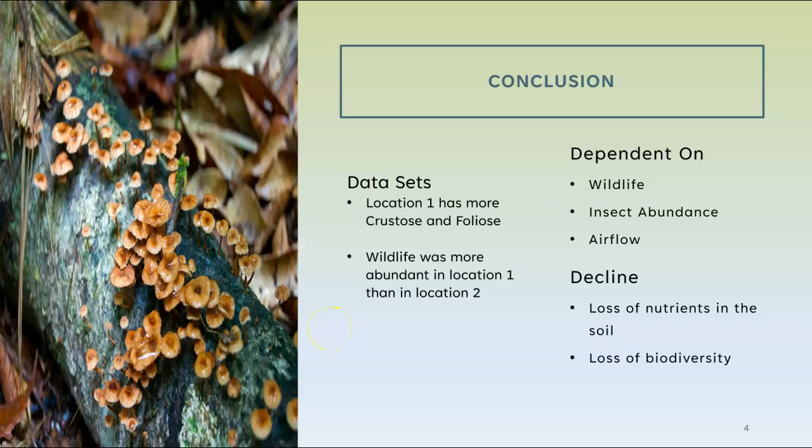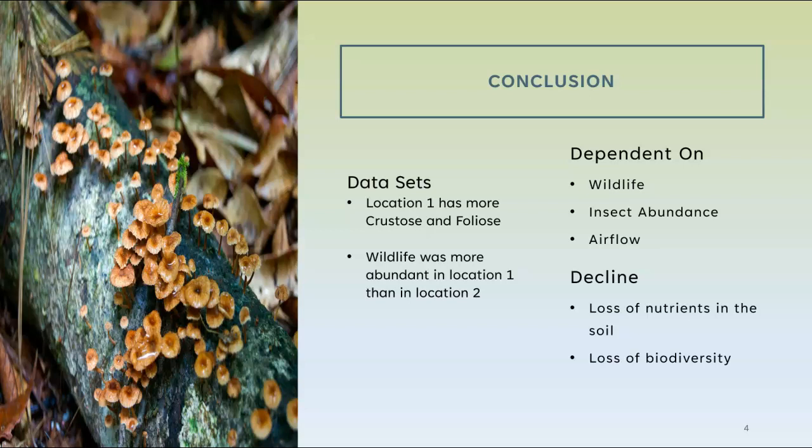So in my conclusion, based on the data at the two locations, again, there was a 3 to 4% difference in each lichen species, and location 1 had more crustose and foliose, and wildlife was more abundant in location 1 than in location 2.